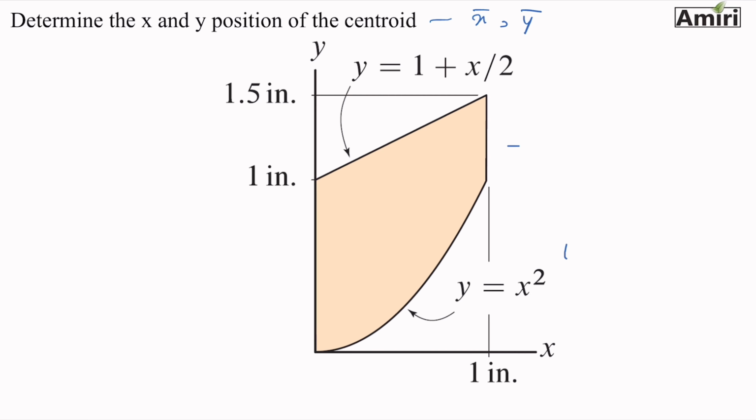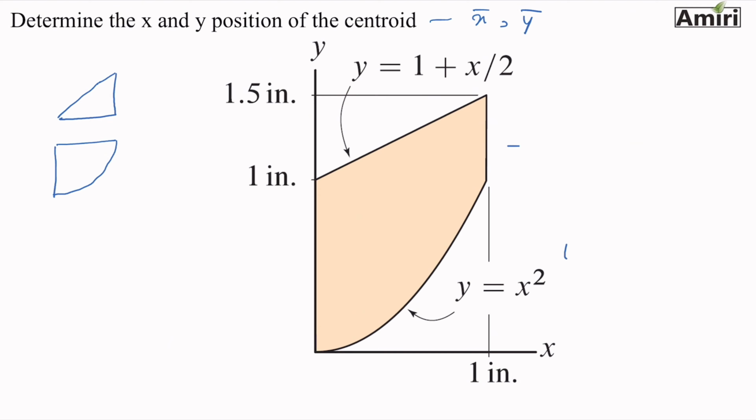There are different ways I can do this problem. You can use a composite area, being area 1 added to area 2. You still got to do integration. Kind of two areas on top of each other.